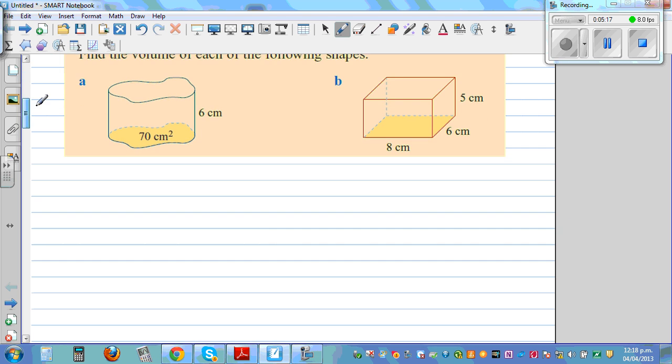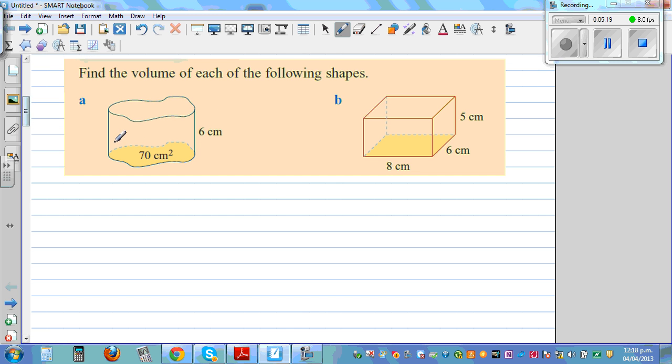Okay, let's do this question. Find the volume of this shape. So here, this is the base. Your base area is 70 centimeters squared, and this is your height. So I'll write volume is base area times height.